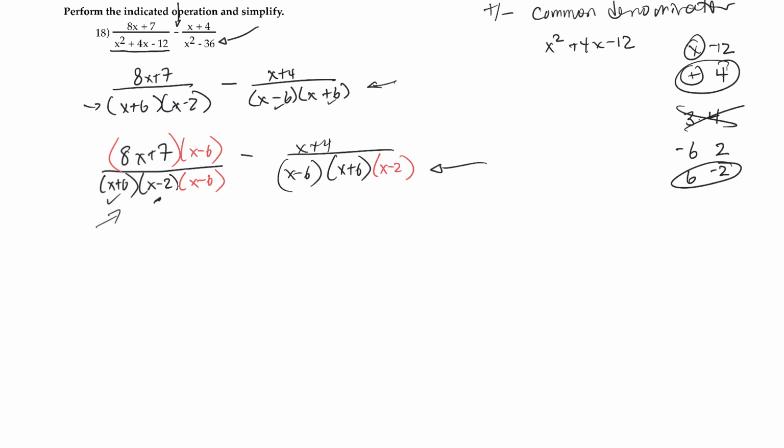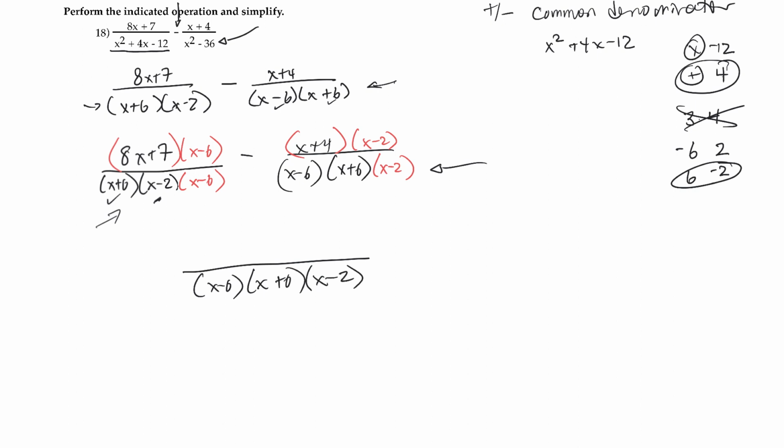But if I multiply it on the bottom, I also have to multiply it on the top. Okay, so now I can put them together under one common denominator: (x minus 6)(x plus 6)(x minus 2).